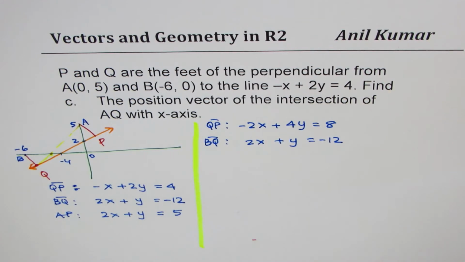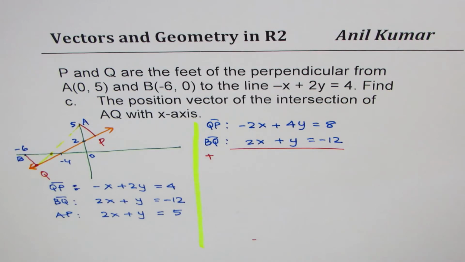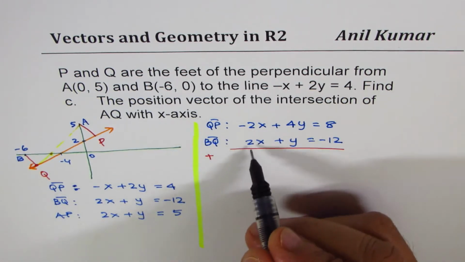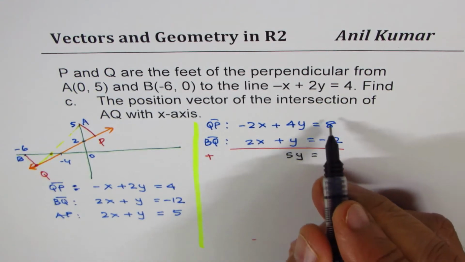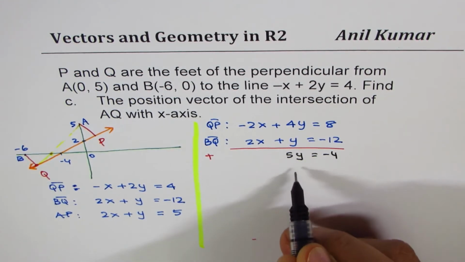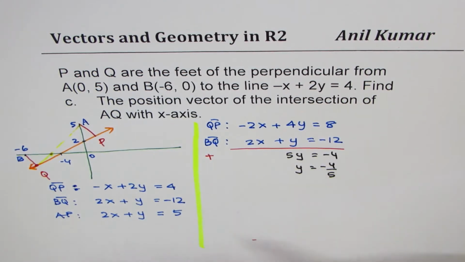Now if I add these two, right? I'm just doing addition of both the lines. What do I get? The x terms cancel off, and we get 5y equals minus 4, or y equals minus 4 over 5.